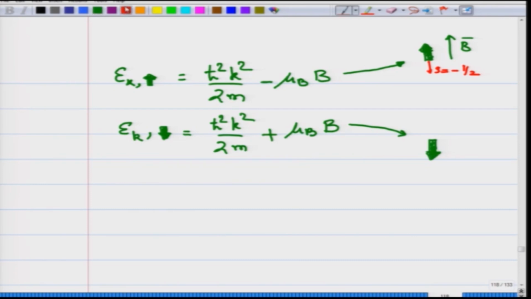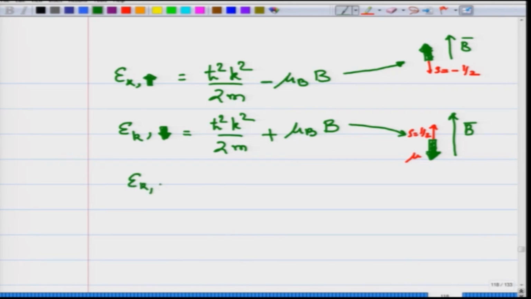This is the spin plus half case. This is the magnetic moment of the particle which is opposite to the direction of the magnetic field, and that has a higher energy.